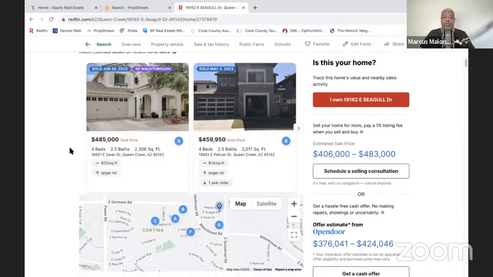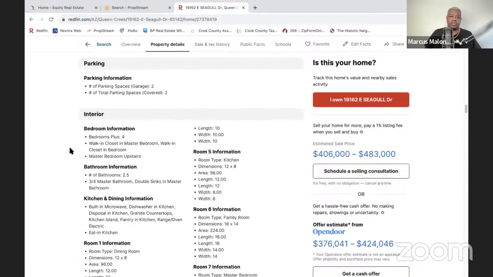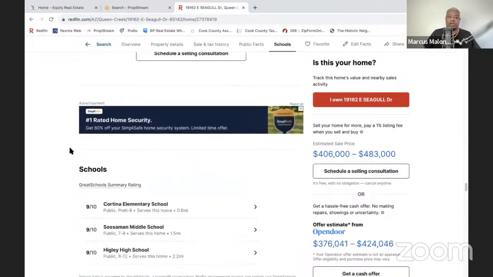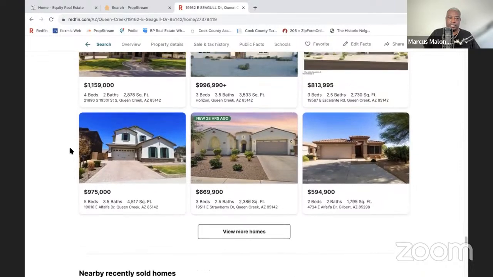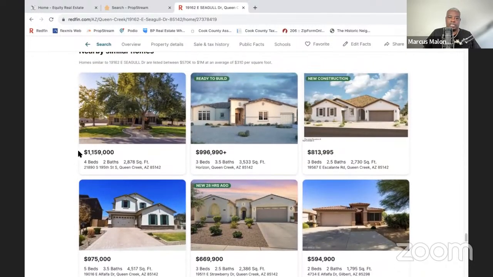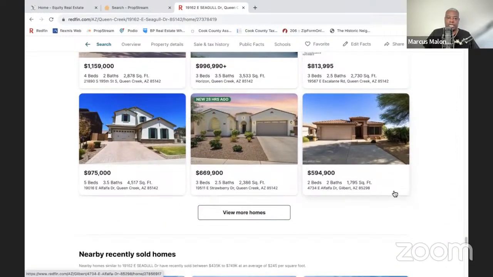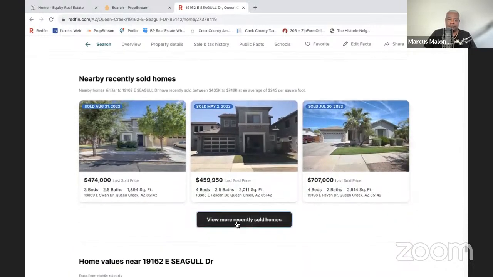But again, one of the things that I tell you is you can always scroll down and we can see other homes that are on the market and sold in that area. So none of these we can use. These are all new builds, or this one is a 2 bedroom, 2 bath. Don't want to use that. 3 bed, 2 bath, 2,300 square feet. So let's look at more recently sold homes in that area.